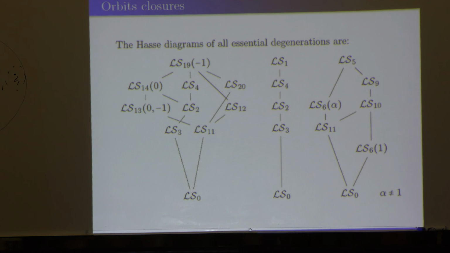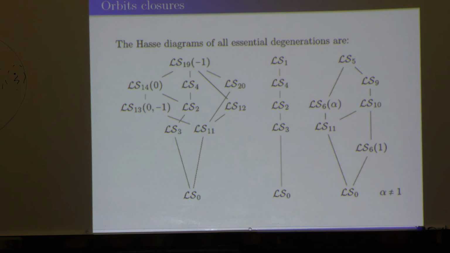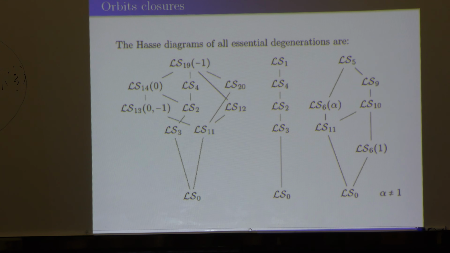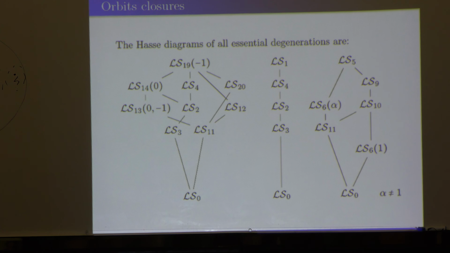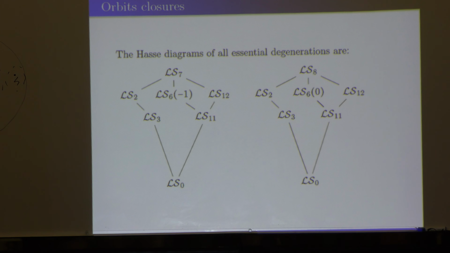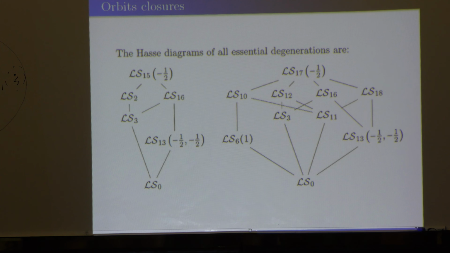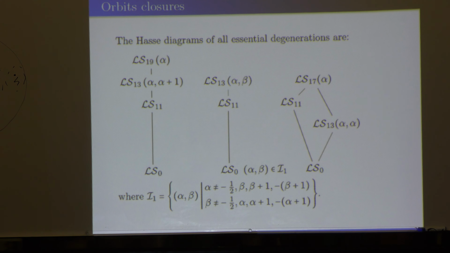I draw every branch of the complete diagram because it's very messy to draw it all in just one picture. What we obtain is that these Lie superalgebras are the ones that are not a degeneration of any other Lie superalgebra. So we obtain these branches, this one, this one, this one, and this one.